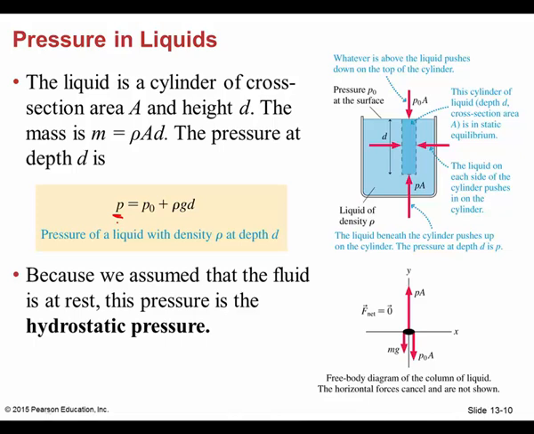So the final pressure or net pressure of a liquid at any particular depth is going to be based on the initial pressure, which typically is atmospheric pressure, okay? Typically when we talk about initial pressure, that is the atmospheric pressure pushing down on the liquid. Then we have to take into consideration the density of the liquid times the acceleration of gravity, and then how deep is the object in the liquid, okay? And so we can find then the net pressure, or just pressure, of a liquid with a particular density at a particular depth.